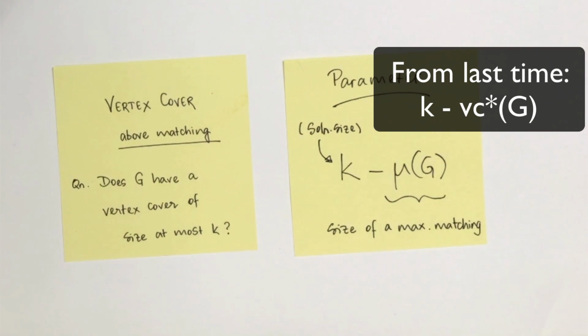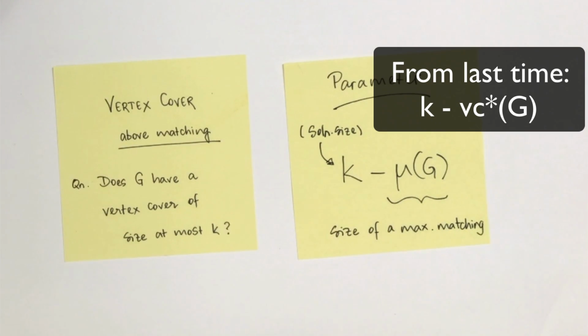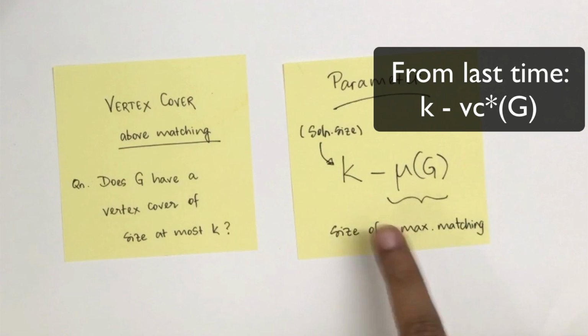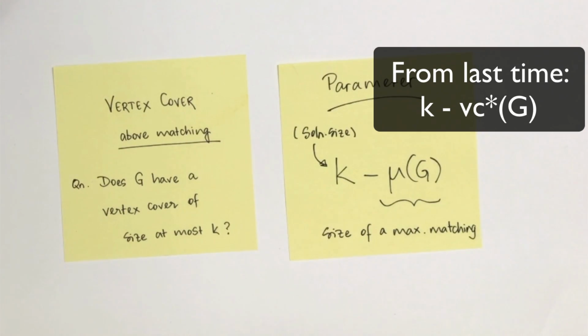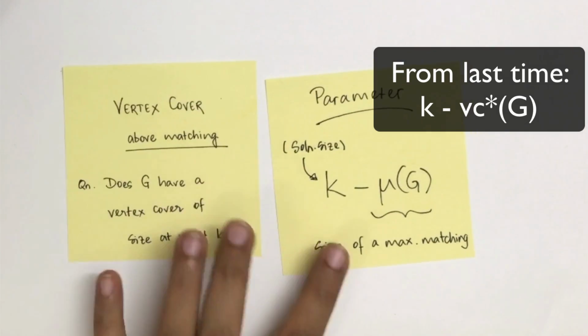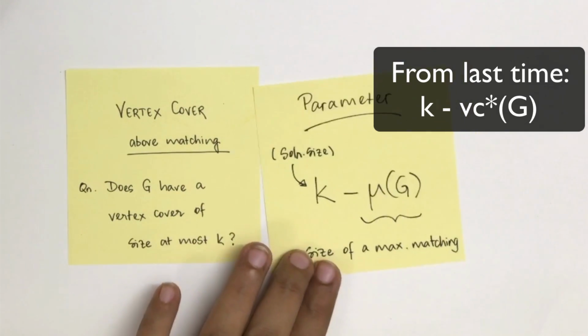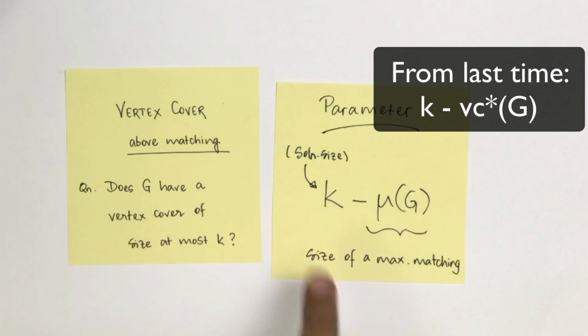So in some sense, you're taking away less from k when you take away the size of a maximum matching compared to when you take away the LP opt. So this just happens to be the larger of the two parameters. So we already know that vertex cover parameterized by k minus mu of g is FPT with the same running time, so 4 to the k minus mu of g.